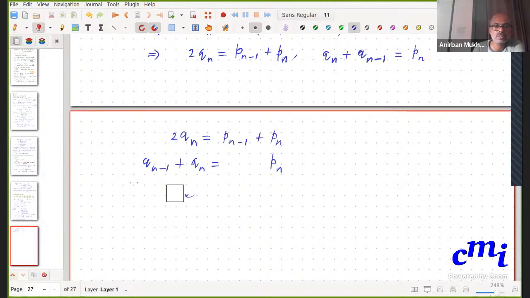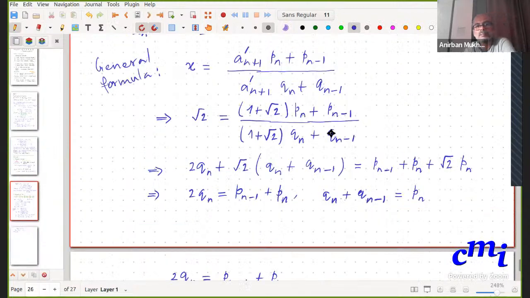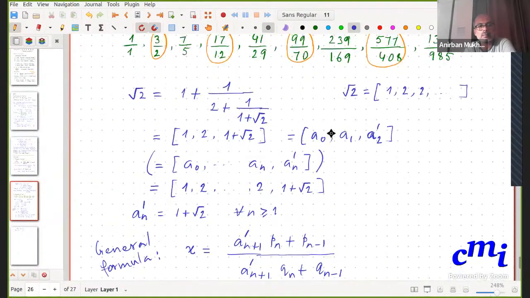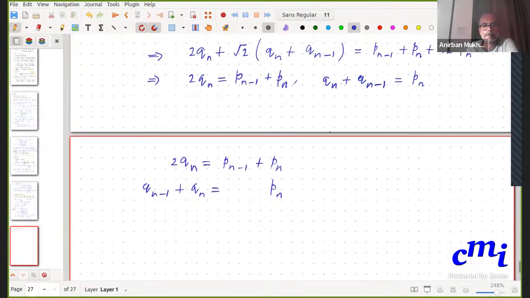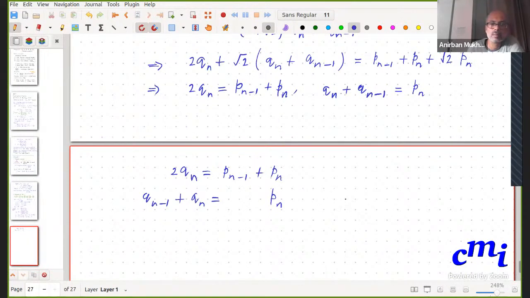Okay, let's start with this. Let me just give it a name. As such, it's two equations with 4 variables, but they are related. That's what is important for us. I think we have used up to 4, so let's call this 5 and 6.